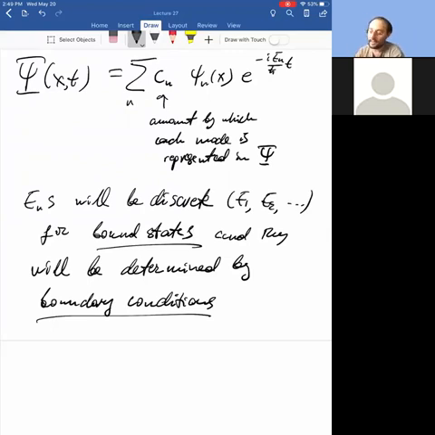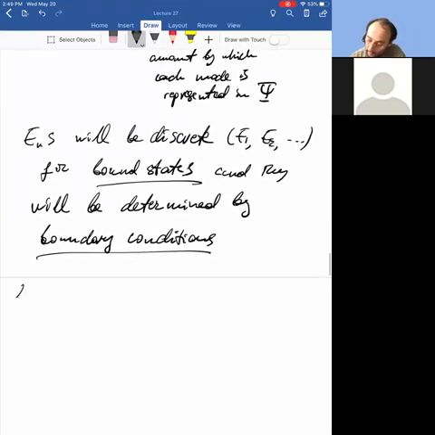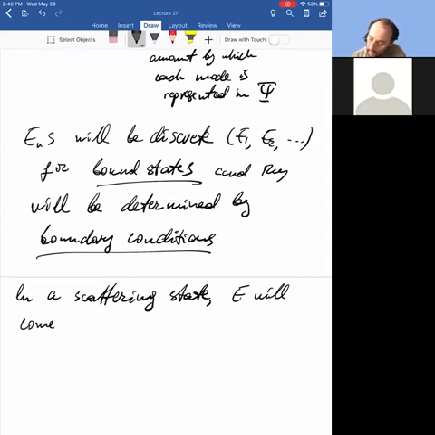Okay, but in a scattering state, the E's will form a continuous spectrum. Let me use an adult, grown-up language.